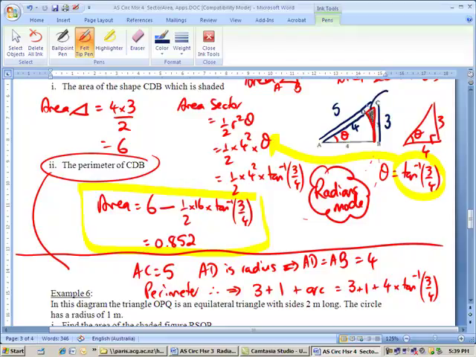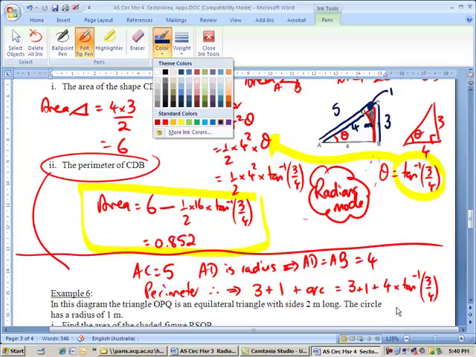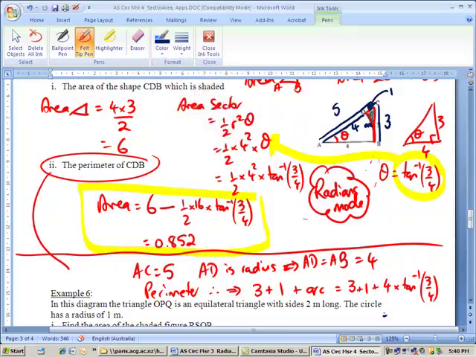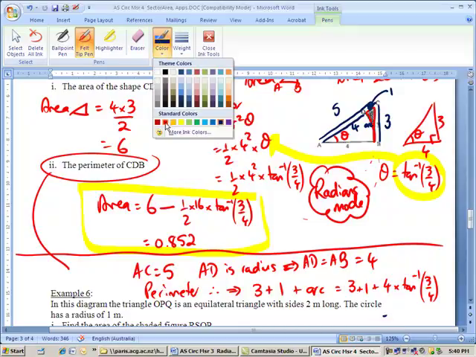So that leaves me with that part there being 1, the bit that's left over. And this is our arc. And you can go ahead and evaluate that yourself.